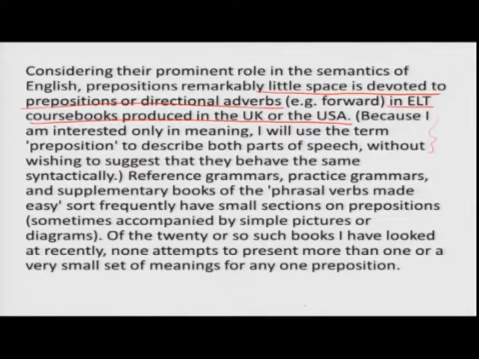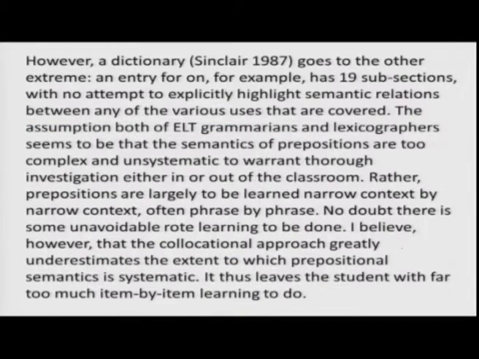So, here you saw that the writer mentions 20 or so such books I have looked at recently, none attempts to present a systematic account of even a single preposition. So, the details are not given here. If readers are interested, they can go back and consult these sources. The writer here focuses on one particular book, it is cited Sinclair 1987.